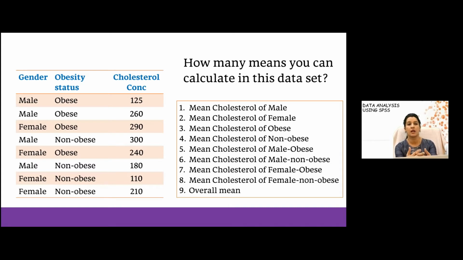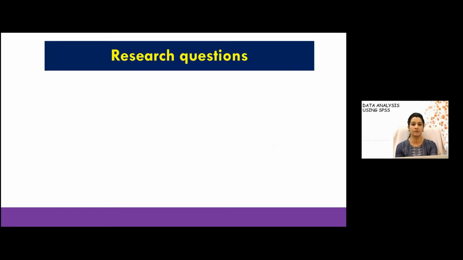So you have 4 combinations here, so the mean of all those 4 combinations, and then again an overall mean. So with this background, you can say that there are so many means, and once we see the output, you will see that you need to look very carefully at which mean it is reporting.